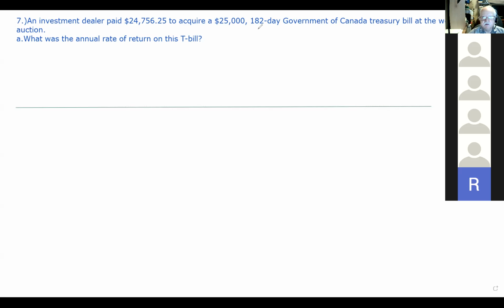We know this thing is a 182-day bill. We also know it's a $25,000 T-bill, meaning it matures to 25,000, but they've told us what they paid for it.